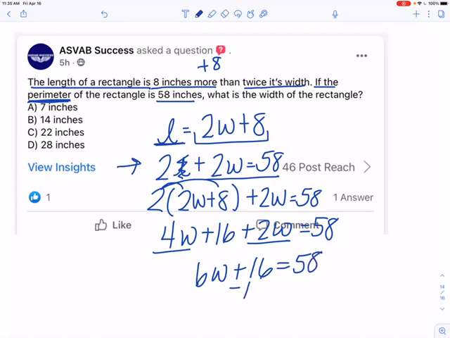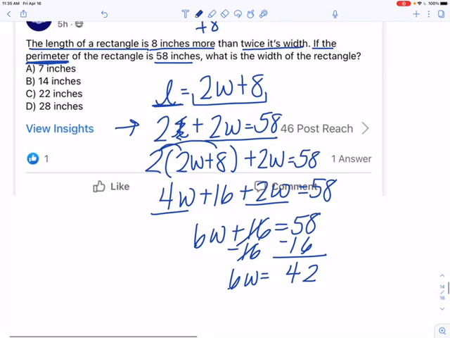I'm going to move this 16 to the other side, and I get 6w equals 58 minus 16. I get 42. I'm going to divide by 6 to get the w by itself, and I get w equals 42 divided by 6, which is 7.